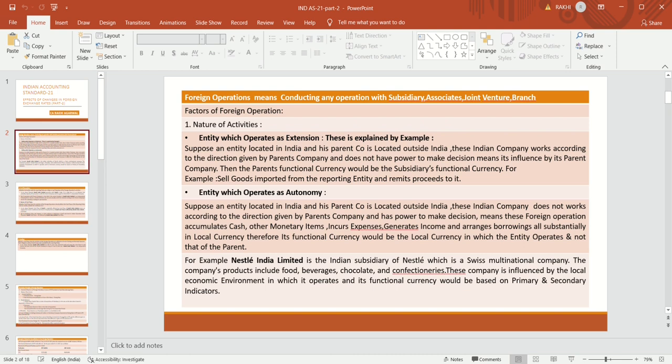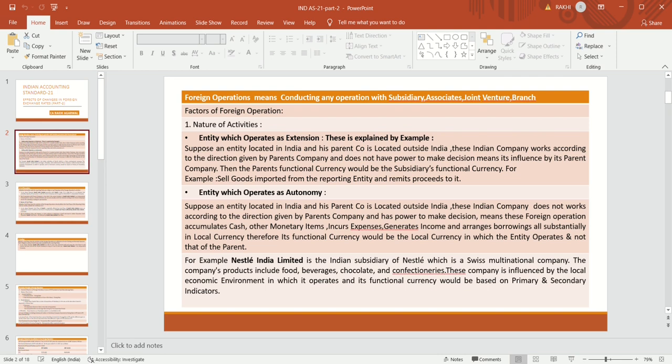Nestle India Limited does not work according to the direction of Nestle. It takes its own decisions, accumulates its own cash, and its customers are its own.